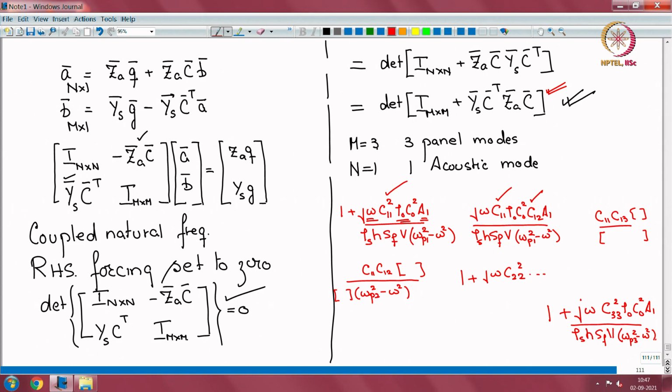Okay, I think this will be C12 squared and this will be C13 squared. We will check from the paper.